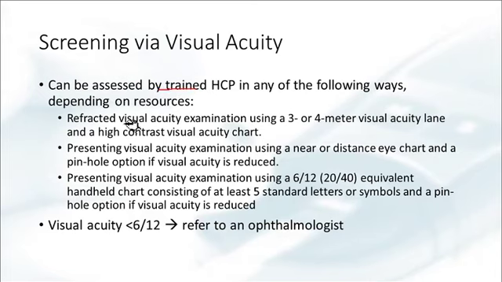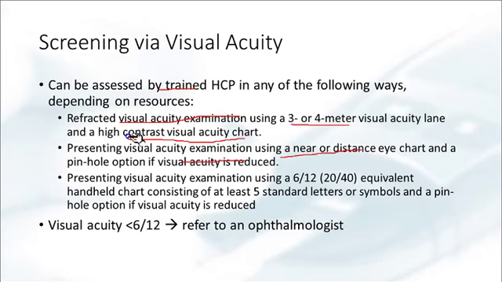Right? Refracted visual acuity examination using a 3 to 4 meter visual acuity lane with a high contrast visual acuity chart can be used. Presenting visual acuity examinations using a near or distance chart and a pinhole if visual acuity is reduced, and we've discussed how to do all of this when we discussed how to examine the eye.